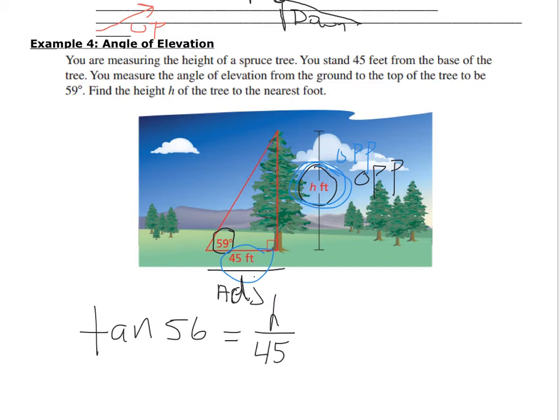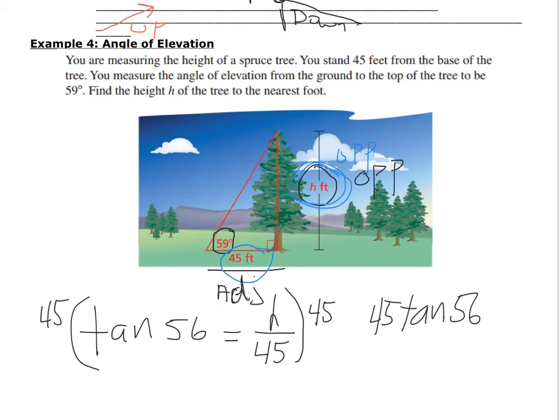Well, the missing part is on top, and anytime the missing part is on top, we find it by multiplying by that denominator, which is 45. So what we have is 45 tangent 56. And so we'll let our handy dandy calculator do this.